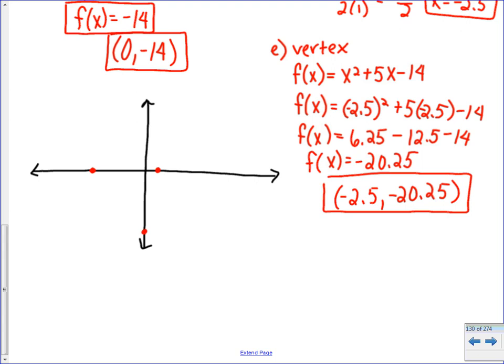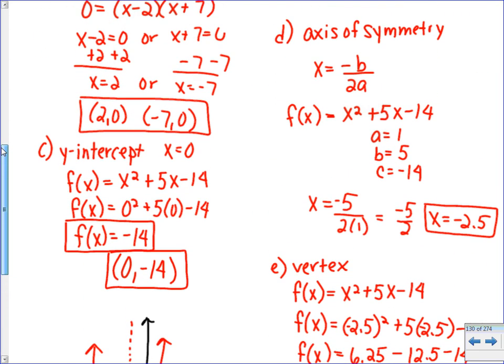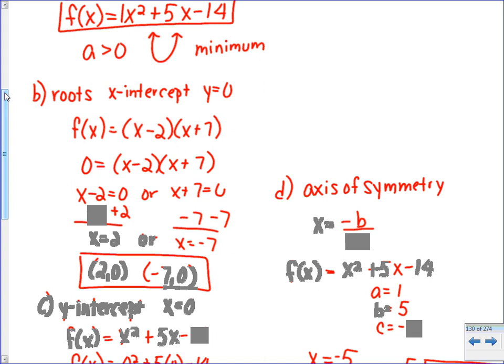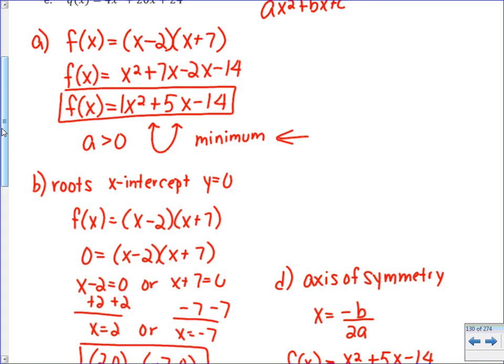Your vertex is at negative 2.5, negative 20.25, which may be down here somewhere. Again, I could use symmetry to get that other point. Connect my points. And again, I'm just making sure that my a value is going to give me a parabola that opens up. And I already said it was going to open up. I have a minimum. And therefore, I have found all of my key features.